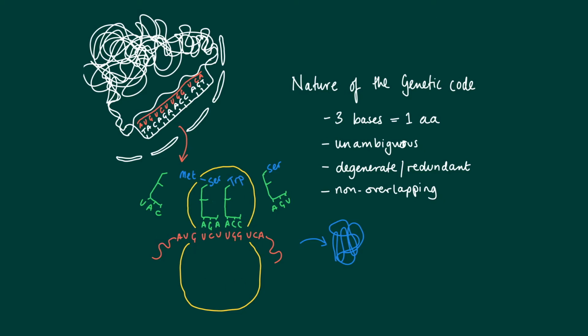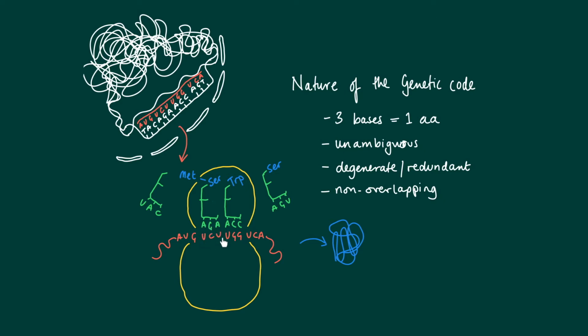tRNA molecules with specific amino acids attached to each one bring amino acids to the ribosome, and if they are complementary to the codon sequence of 3 bases on the mRNA that is being read at the time, they slot into position due to complementary base pairing again, and deliver a particular amino acid according to the codons being read on the mRNA.